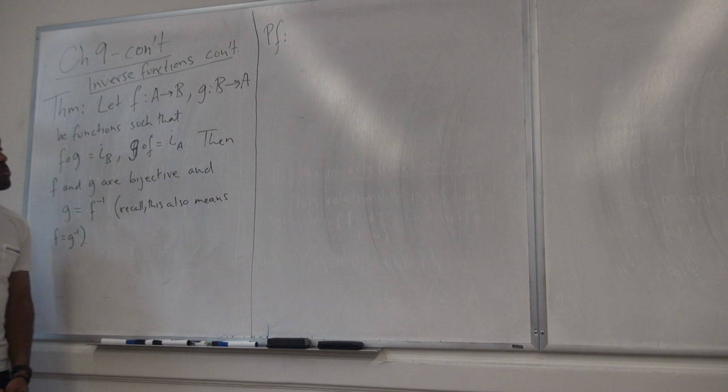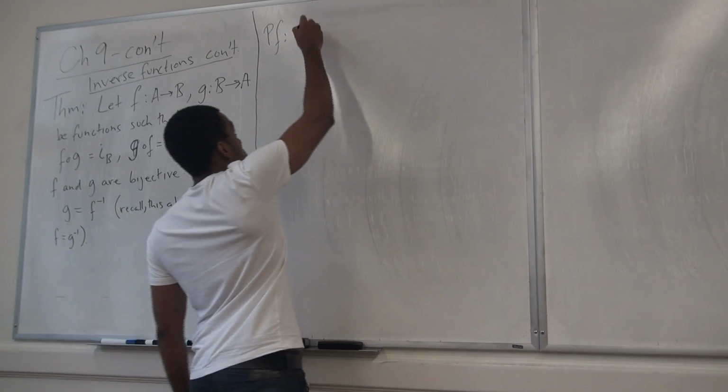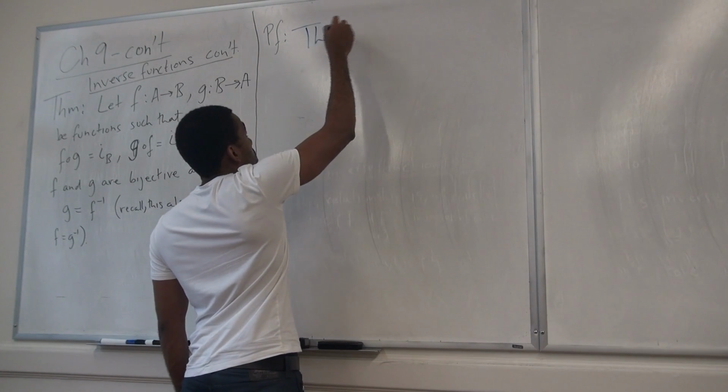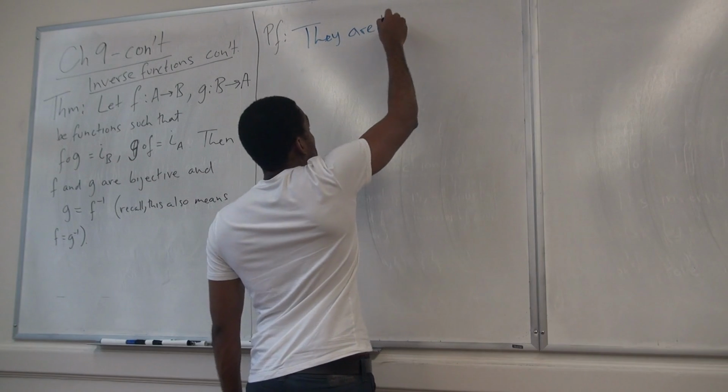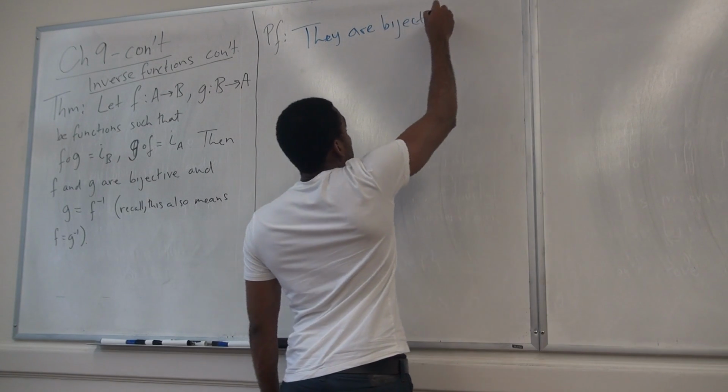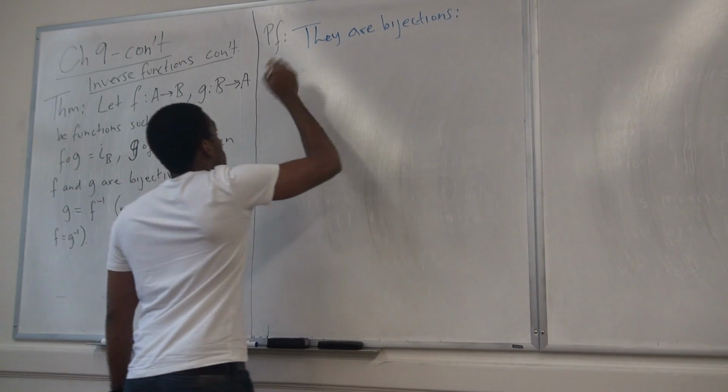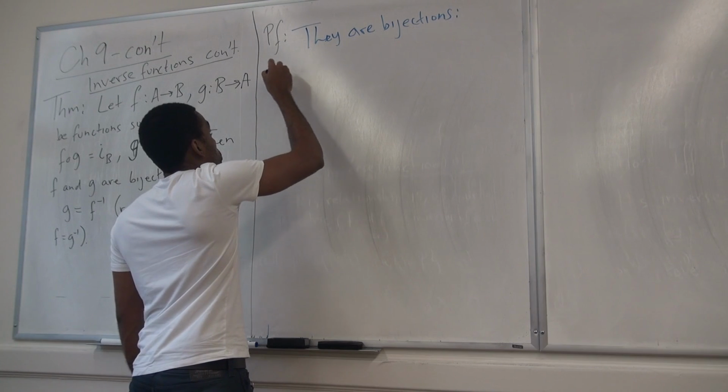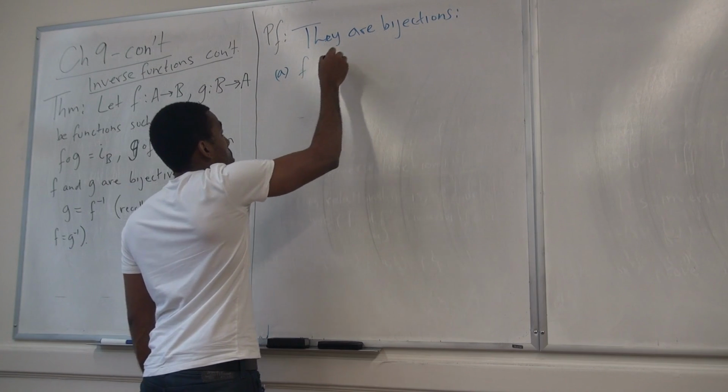So how do we prove it? Let's start with proving they're bijections. Let's start with proving (a), F is a bijection.